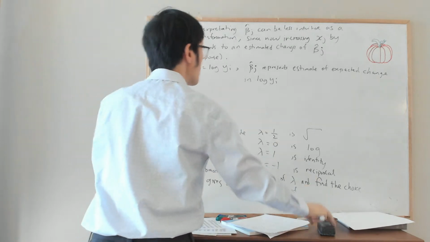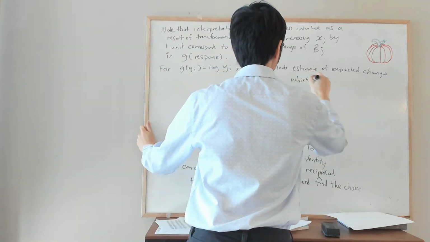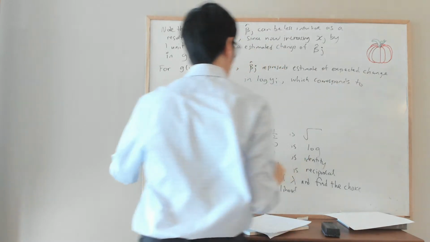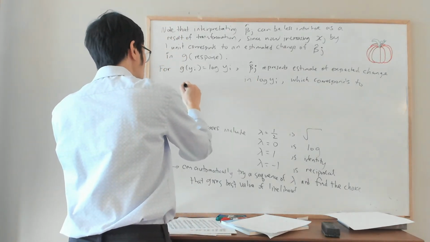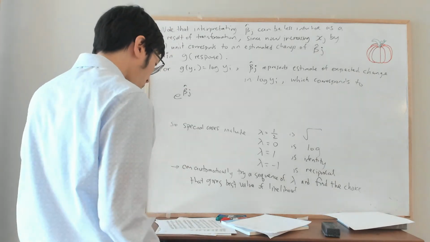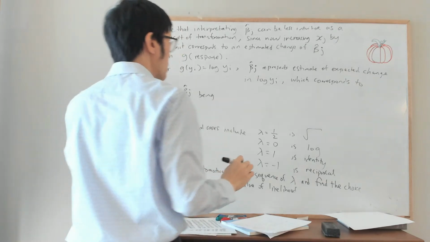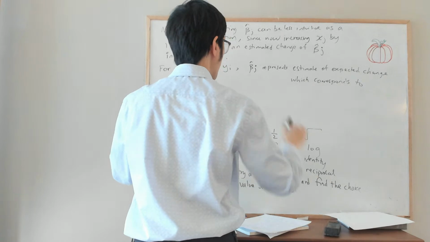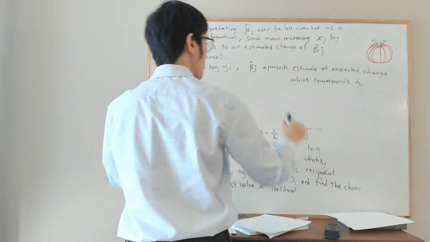So it's you exponentiate the difference. Actually I should be a little more precise here. This is the expected change in the response on the log scale. So let's just write it in words.